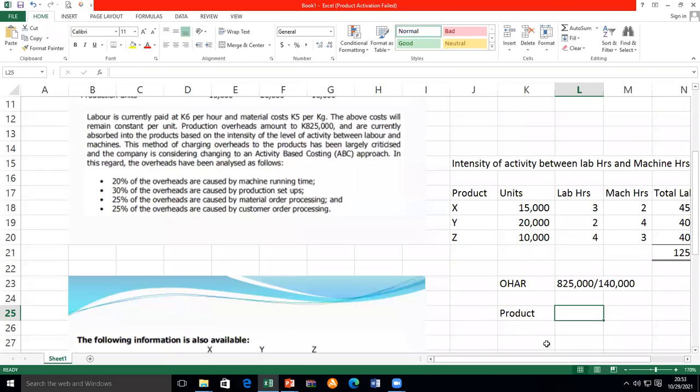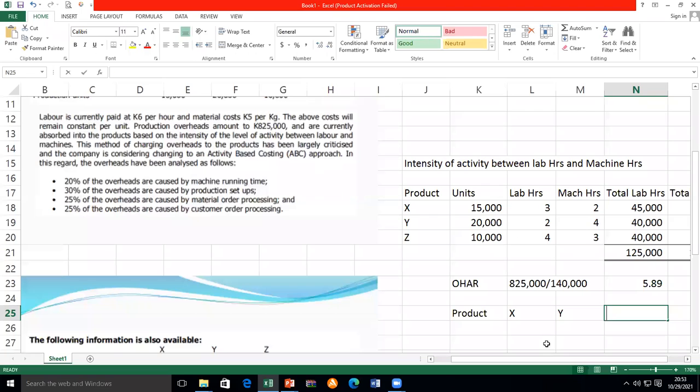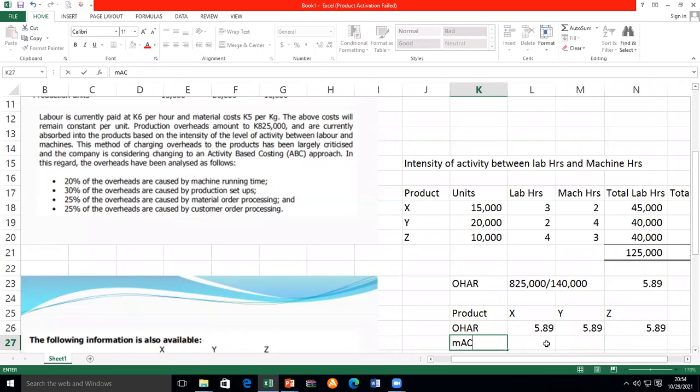The products we have are X, Y, and Z. You start with your overhead absorption rate: 5.89, 5.89, 5.89. Then the machine hours: 2, 4, and 3.